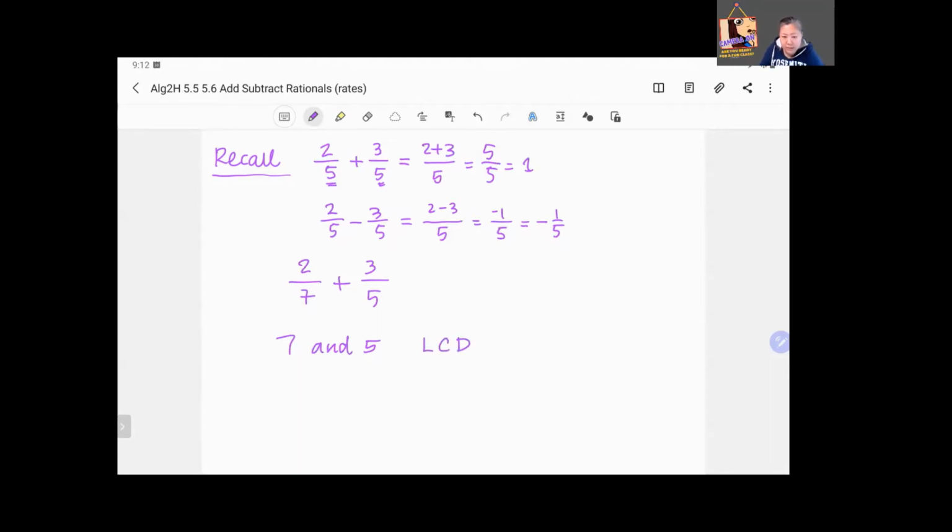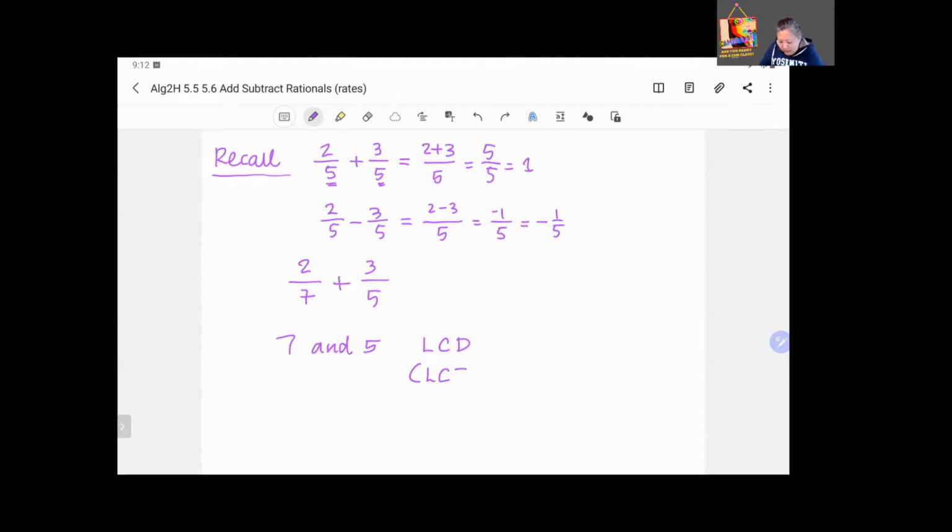Then the least common denominator is the least common multiple, right? So we need to know how to find the least common multiple between two numbers.